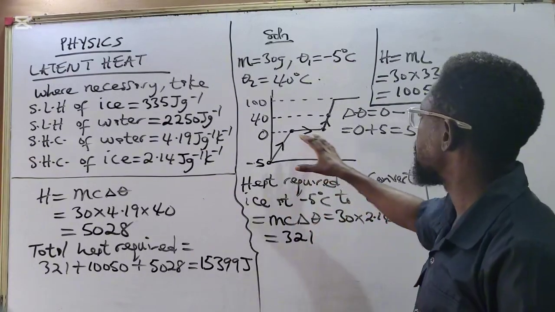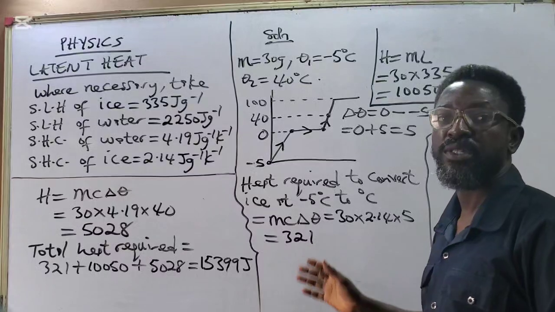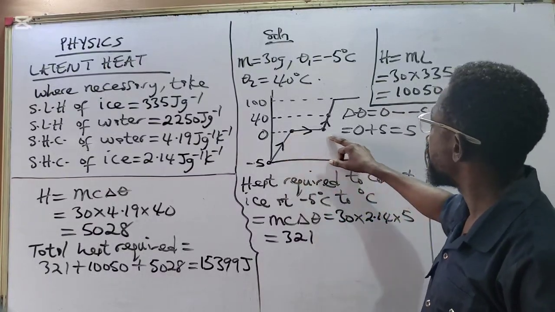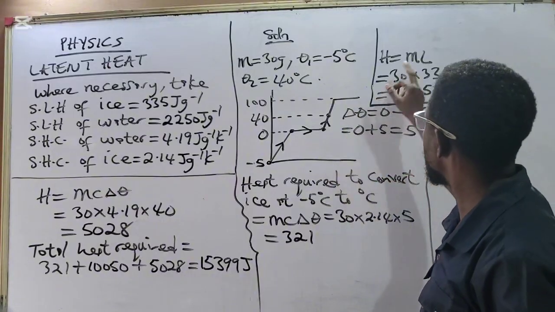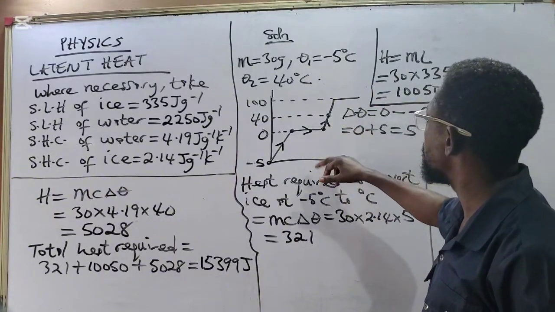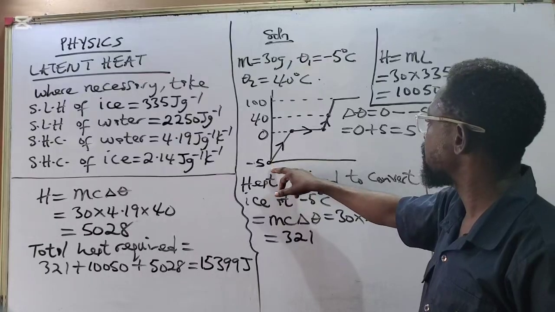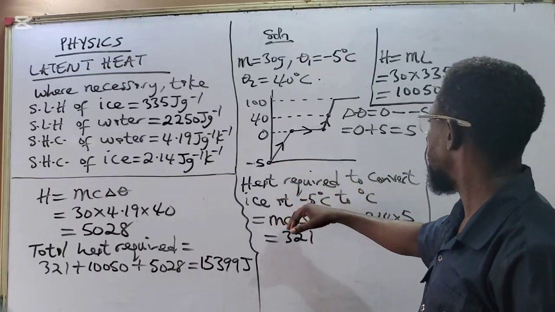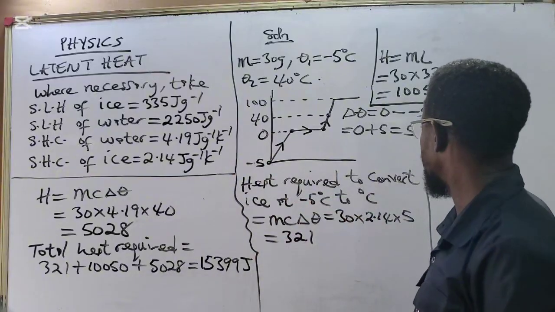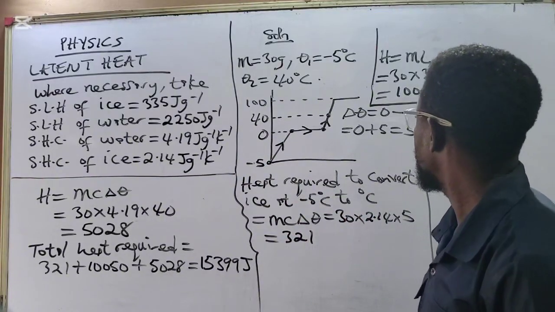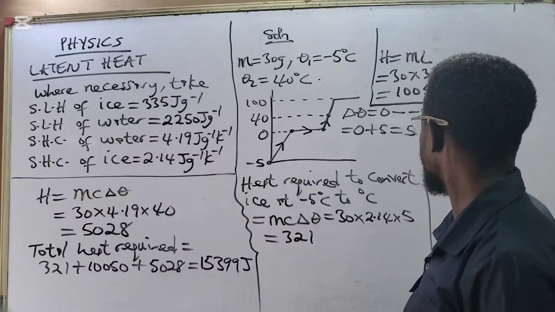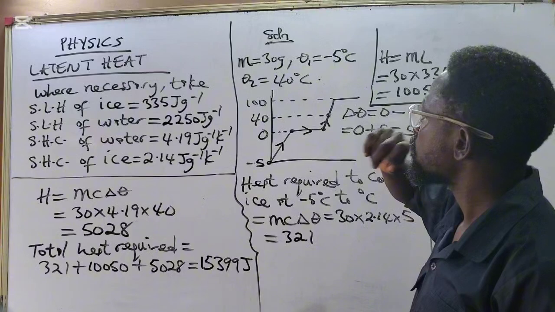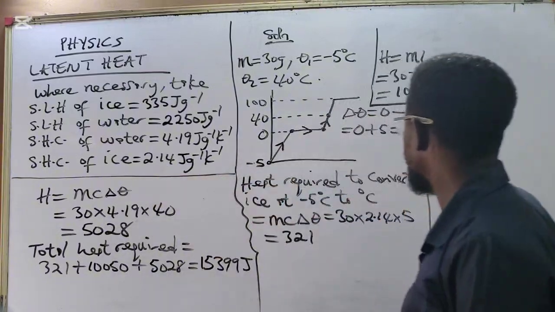So from the diagram, it's easy for us to know the number of calculations we are going to do and the exact formula to apply. Here we know there's an increase in temperature. Here there's no increase in temperature, so that's ML. Then here we have an increase in temperature. At this point, we're talking about ice, so the ice will increase, and we use the specific heat capacity of ice, which is 2.14.